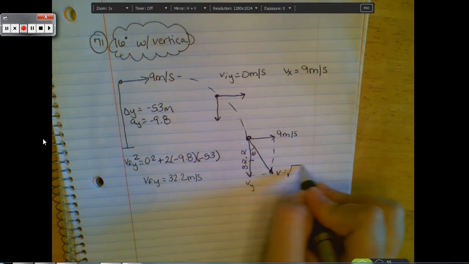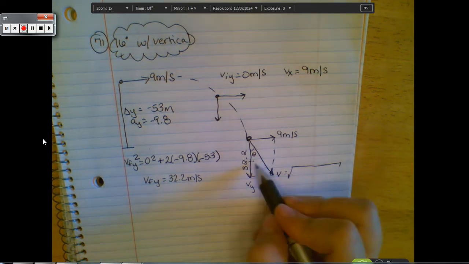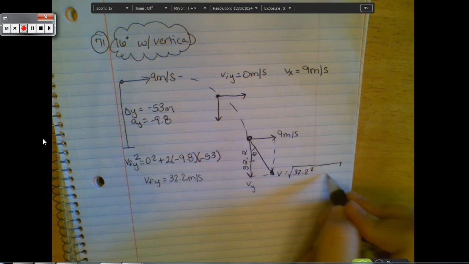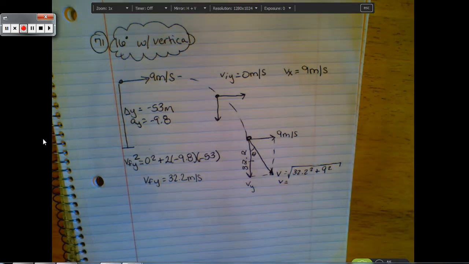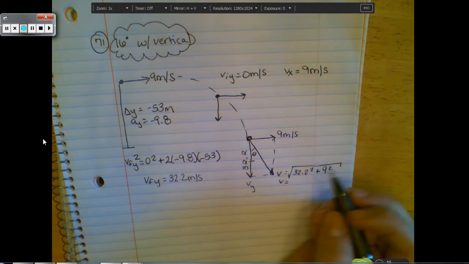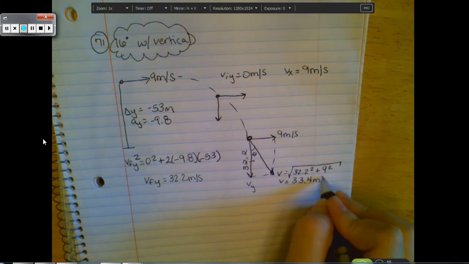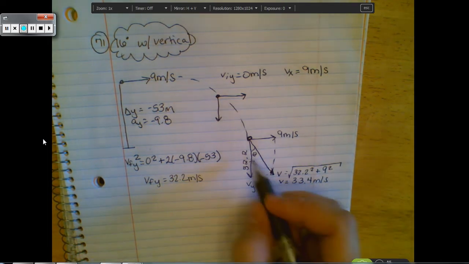So v is going to be the square root of a squared plus b squared. So 32.2 squared plus 9 squared. So you get v equals 33.4 meters per second, and to find the velocity you have to know the angle as well.